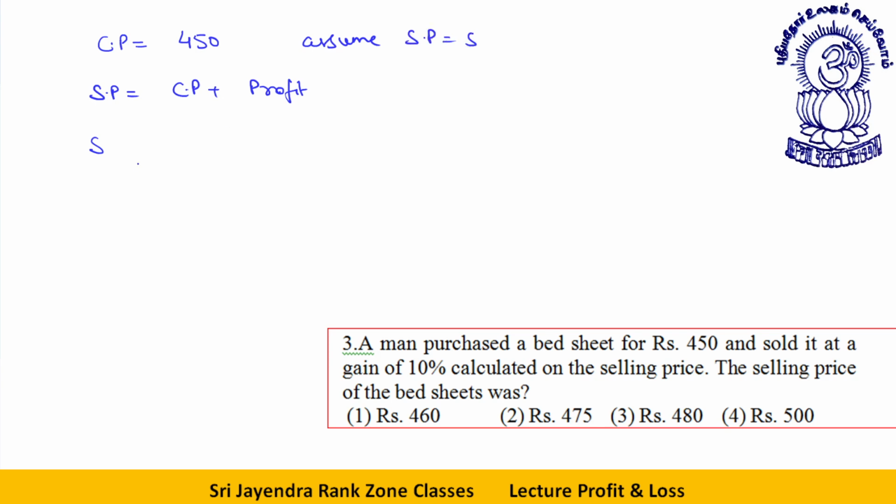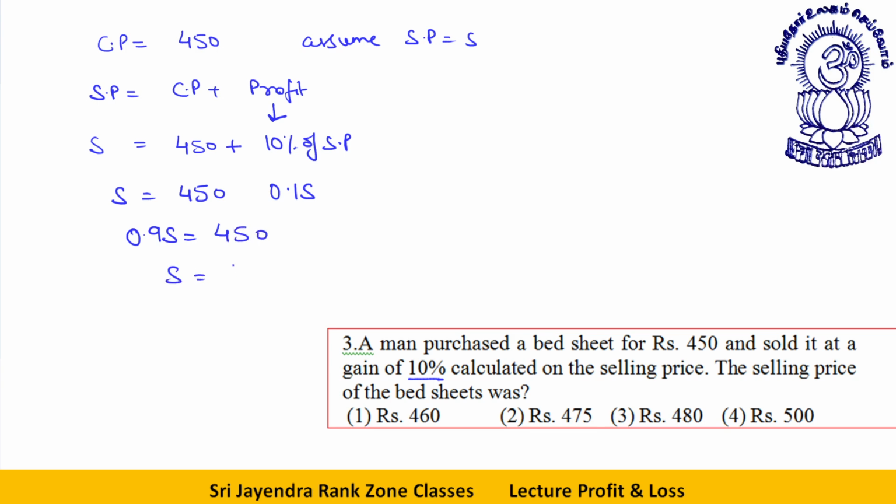Assume selling price is equal to S. So S is equal to CP, 450, plus profit. Profit is 10% of SP, or 0.1 S. So 0.9 S is equal to 450. That way S is equal to 450 upon 0.9.